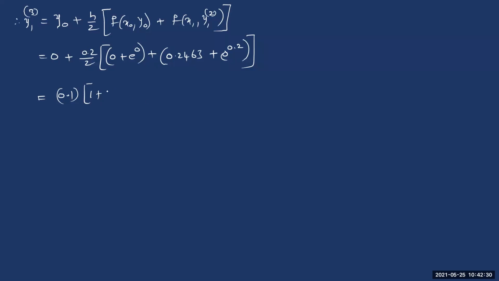So I got it as 1.4677. And if I simplify this into 0.1, I got it as 0.24677. So I'm writing it as 0.2468, right? So I got it like this.